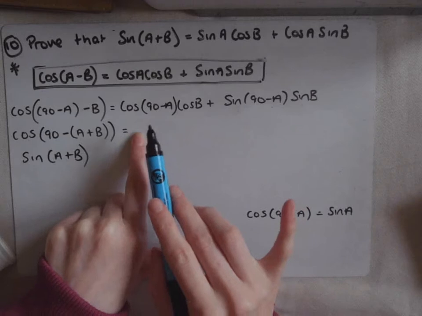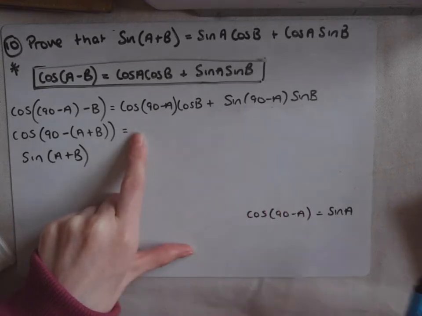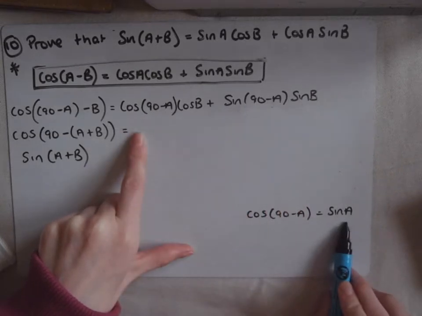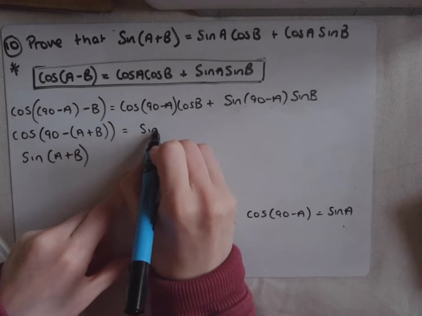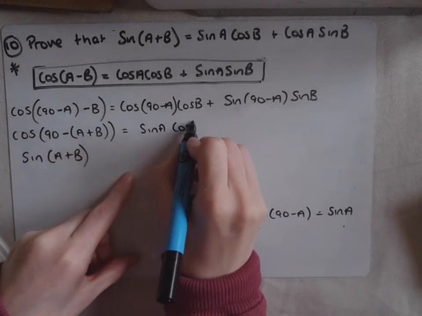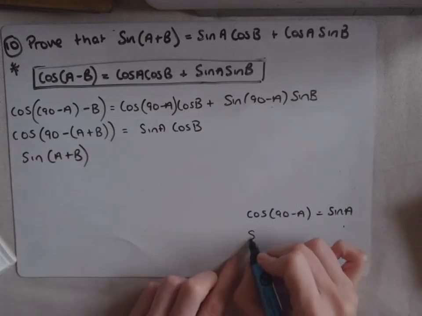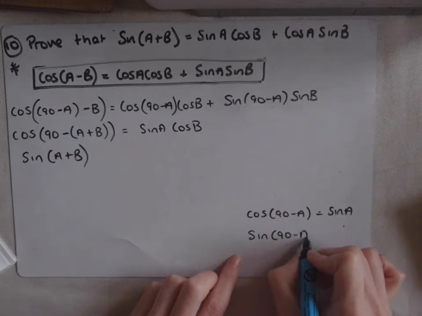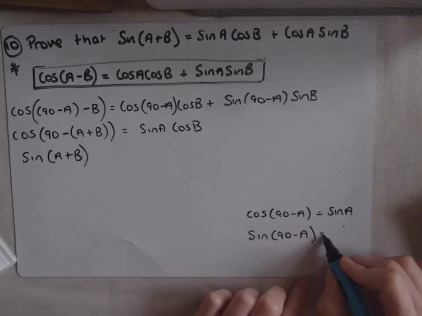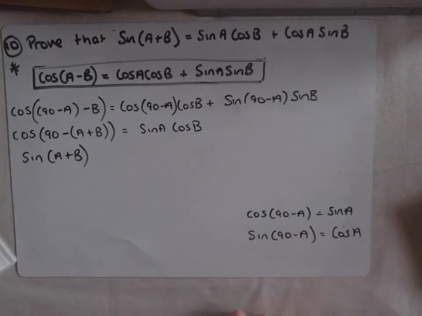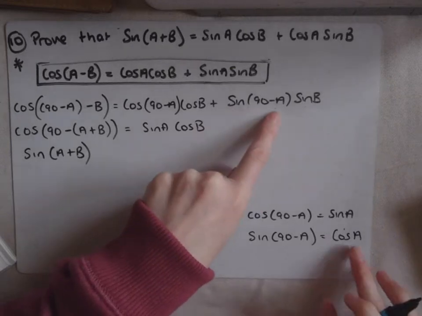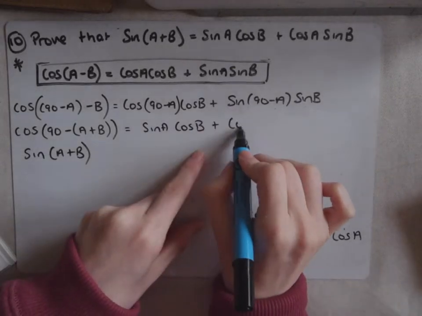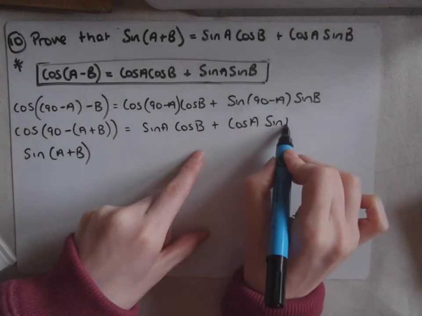So we said a minute ago, cos of 90 minus A is the same as sine A. So replace that with sine A, cos B. Okay, and also something else we learned the last day. Sine of 90 minus A is cos A. So I've sine of 90 minus A here, so I'm going to replace that with cos A, sine B.